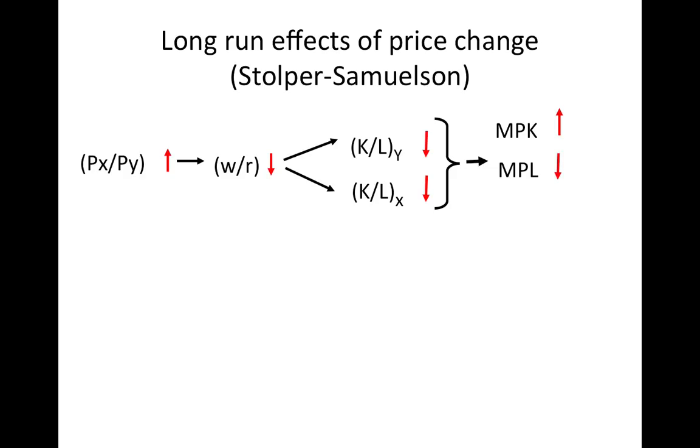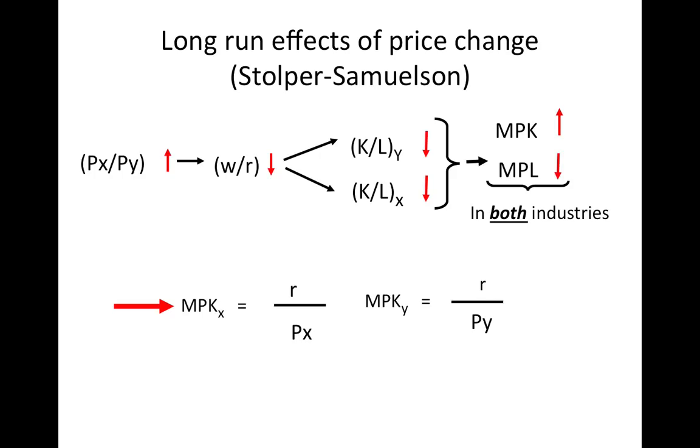Now, both of these changes in marginal productivity are happening in both industries because they're both changing their use of capital and labor in response to the same signals about the cost of labor and capital. So, this is happening in both industries. And as these marginal productivities change, we now want to look at the ability of capital owners and workers to buy goods in the economy. So we've got the marginal productivity of capital in X going up.